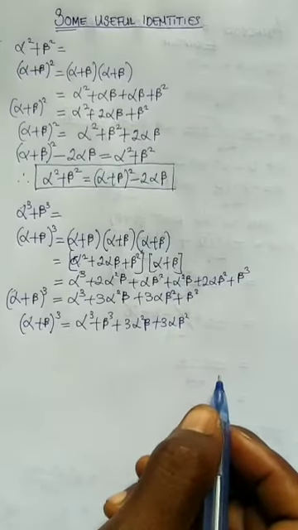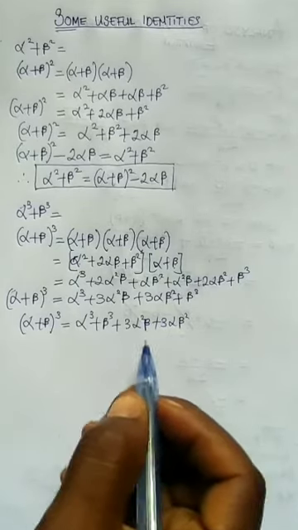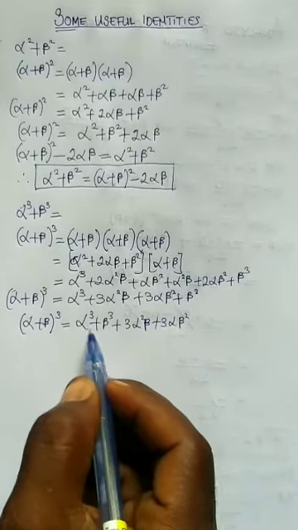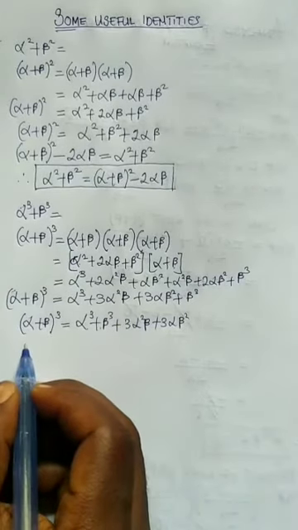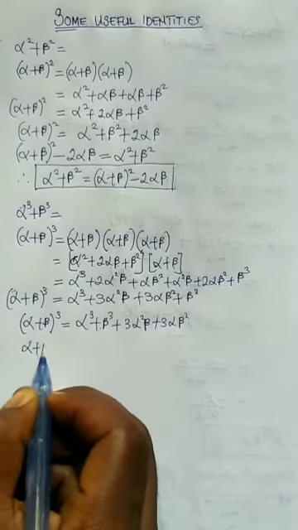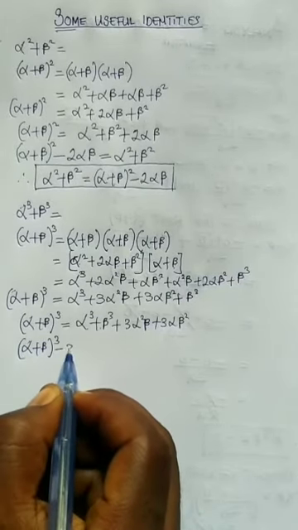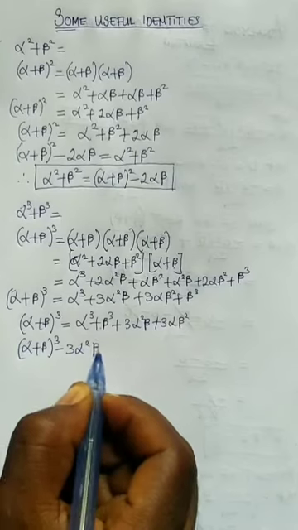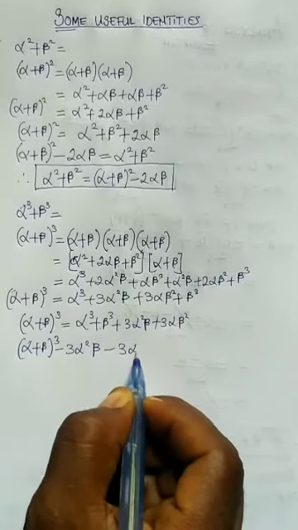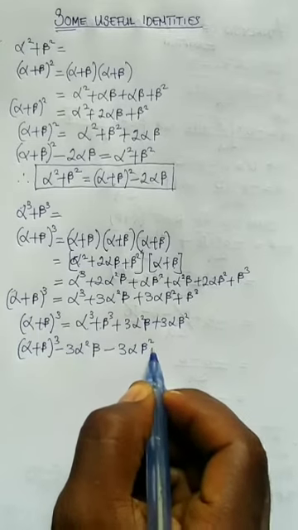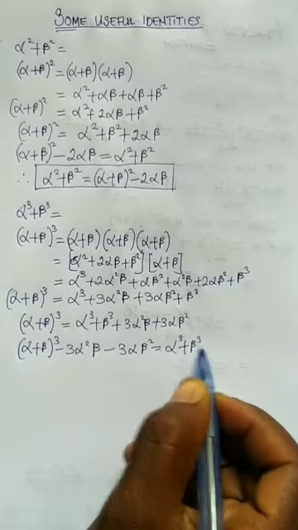Is that taken? So I rearrange them. Now from here, I want alpha cube plus beta cube to remain here while the rest go to the other side. So we'll be having my alpha plus beta all cube minus 3 alpha square beta, coming here, becomes minus 3 alpha beta square, is equals to alpha cube plus beta cube.